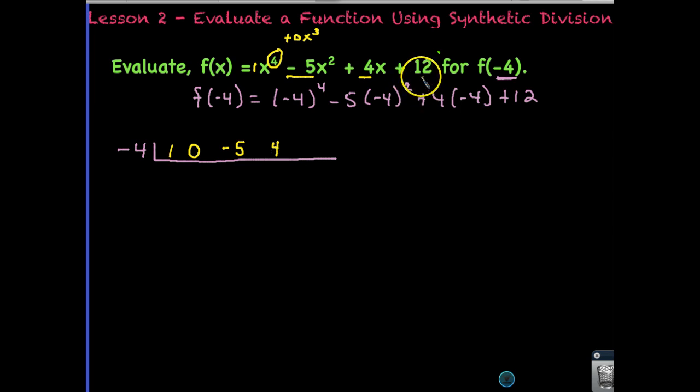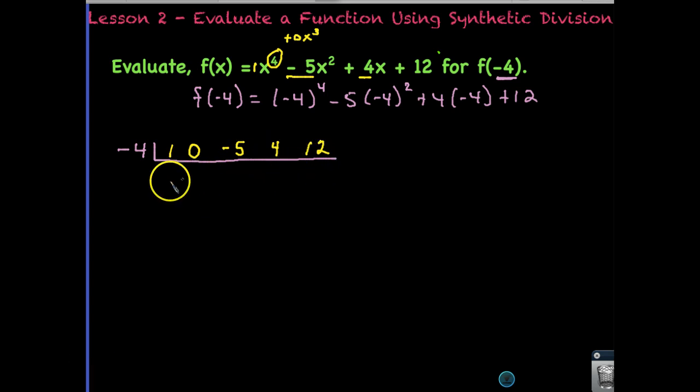And then my constant term on the end is 12. So a way to check yourself is to look at your highest degree, and it says 4, so I should have 5 terms here. I should have 4 x terms plus 1 constant term, and I do: 1, 2, 3, 4 plus my constant term.